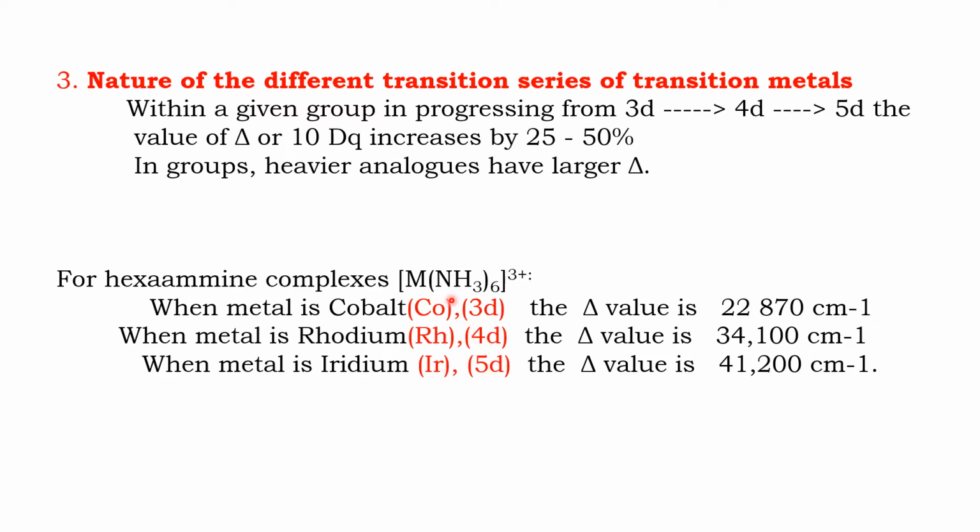So we move from 3d to 4d to 5d. See the values of 10Dq: it increases from 22,000 to 34,000 to 41,000. So when we move from top to bottom in the same group, that is from 3d to 4d to 5d series, the 10Dq value increases.